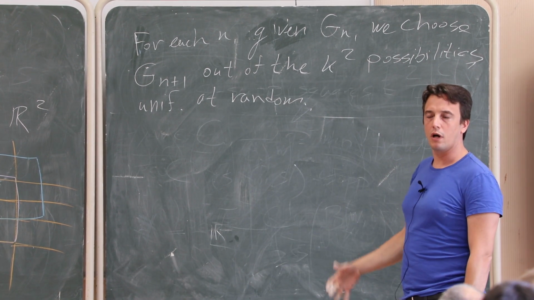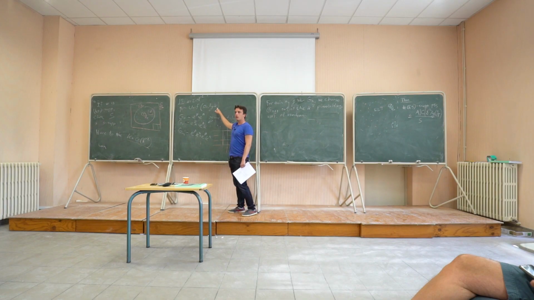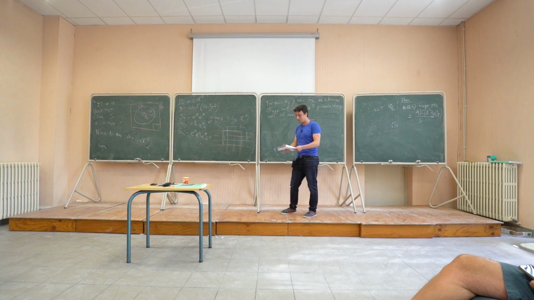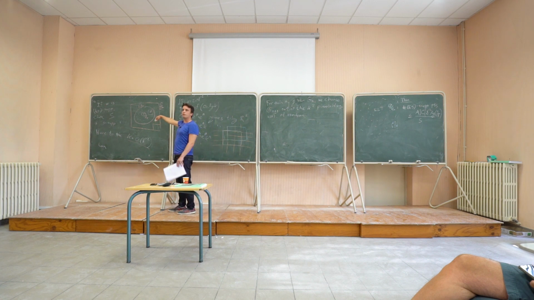Now we've made all these random choices: one continuous choice here, and countably many independent choices of k-squared possibilities. And we want to say that with good probability, we see this picture for many of the delta-supported points. So let's define exactly what this picture is.